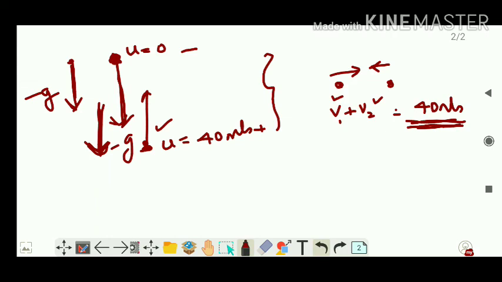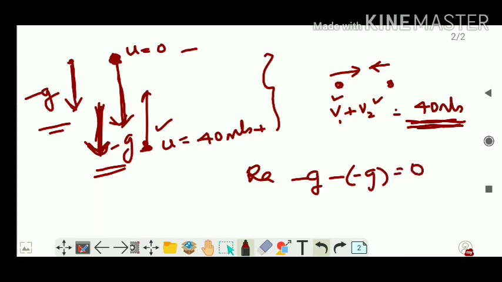I have told you, just like the velocity case, you can also take the relative acceleration. Both accelerations are in the same direction, so the relative acceleration is the difference of these. So minus g minus minus g, so the acceleration is 0. So the relative acceleration between these two balls is 0. The relative velocity between these two balls is 40 meter per second.